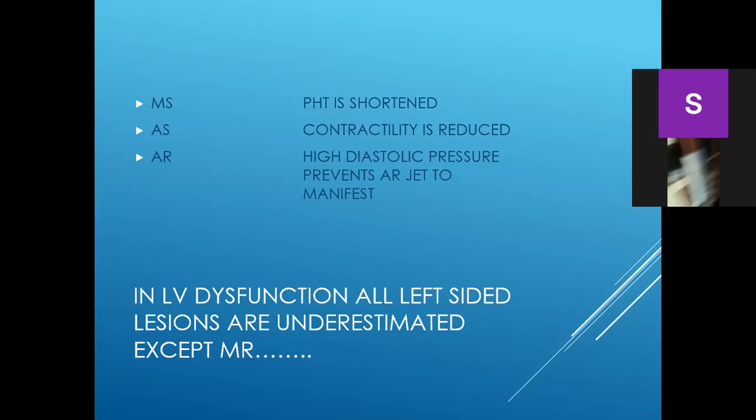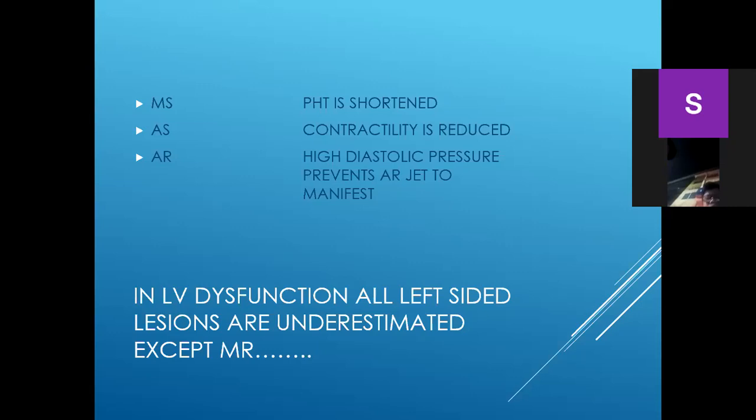When the pressure of the left ventricle is high, it prevents the suck down effect from aorta to LV, because the pressure causes a dampening phenomenon and the aortic regurgitation is again lesser. So this high diastolic pressure prevents aortic regurgitation from entering the LV, and that causes a problem.